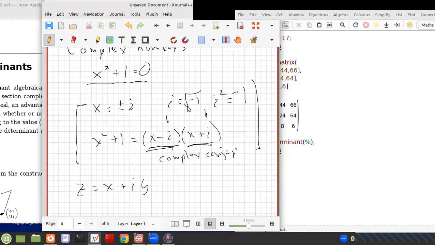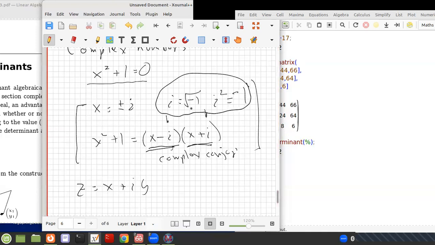So this, I think I remember, has to be like i equals the square root of -1, and i squared equals -1. Right. i cubed equals negative i, and then i to the fourth equals 1.